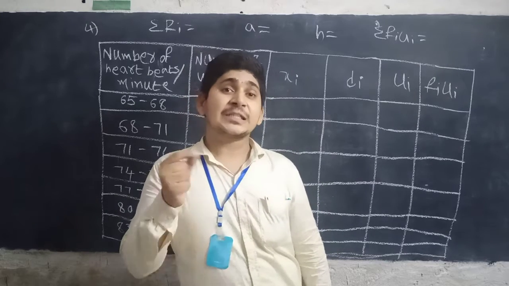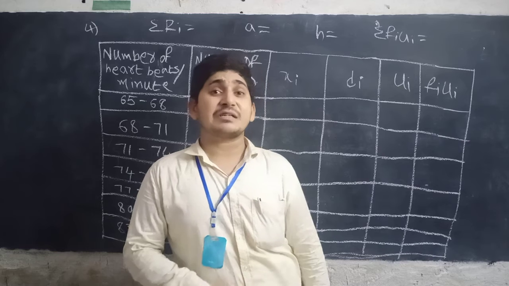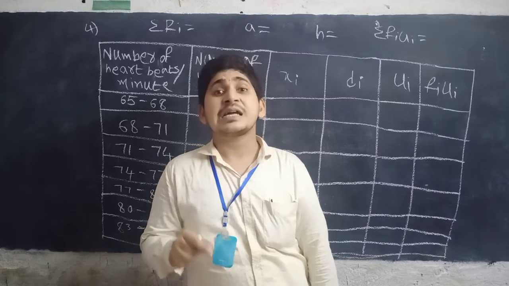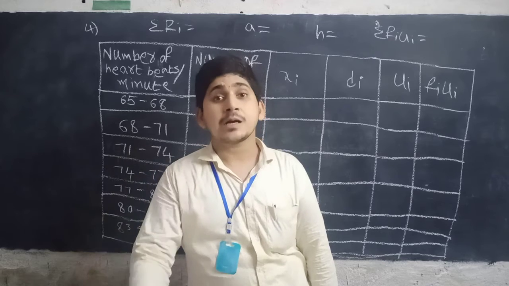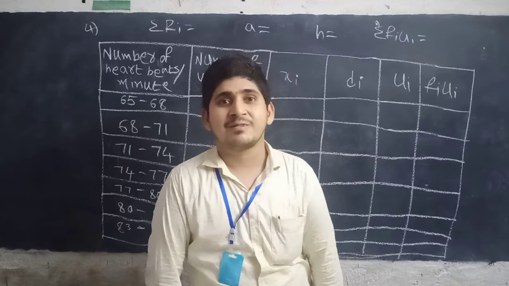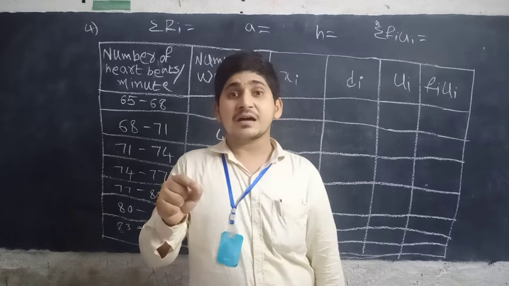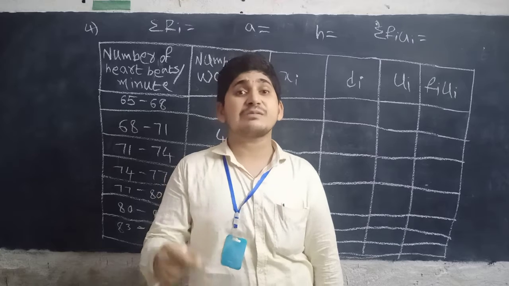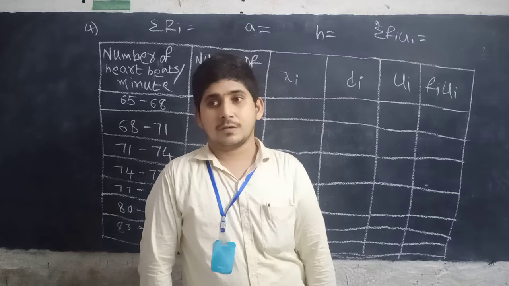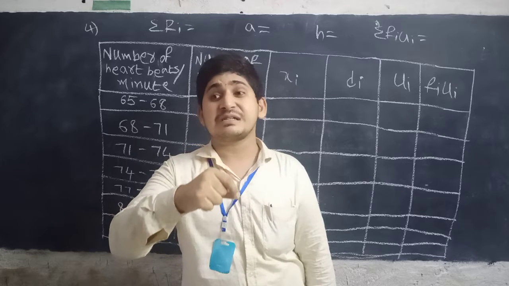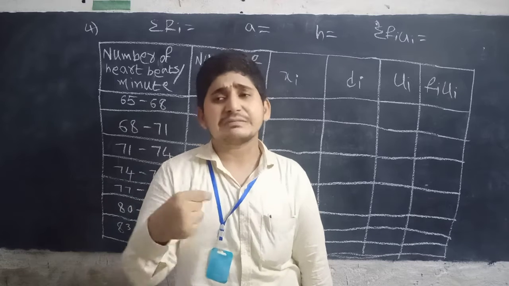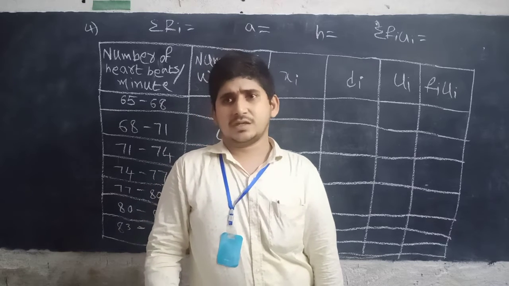But sometimes, from the examination point of view, he can ask to find the mean heartbeat of the women by using the assumed mean method, or by using the step deviation method, or by using the direct method.